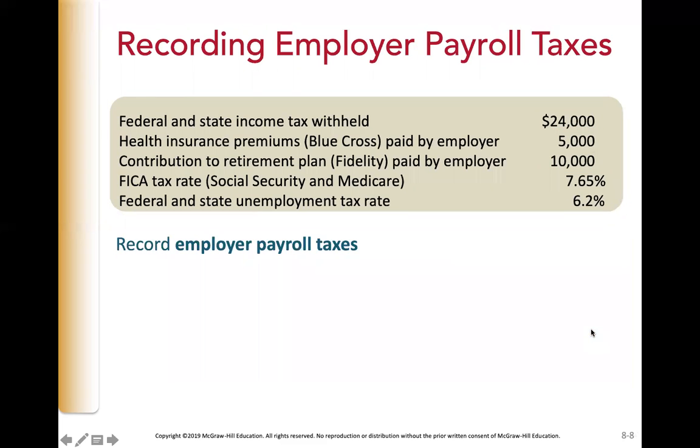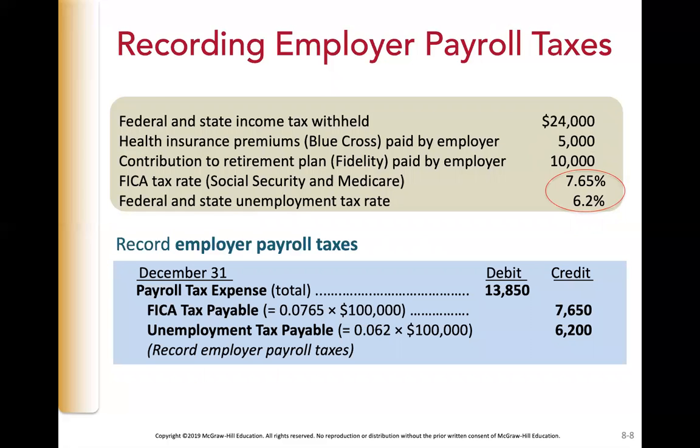Lastly, we need to record the employer payroll taxes. So what taxes are the employer responsible for paying? The employer is responsible for paying a matching FICA tax and the federal and state unemployment tax. So we're going to record an additional credit to FICA tax payable for the same amount, $7,650, and a credit to unemployment tax payable for $6,200, $100,000 times 6.2%.